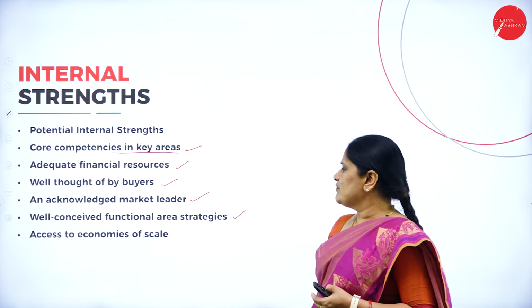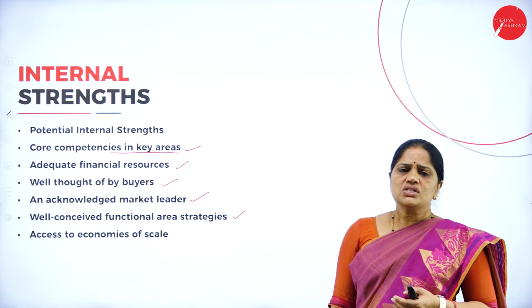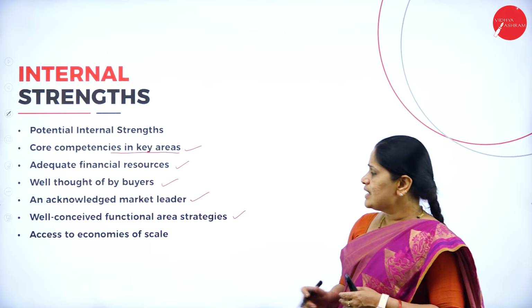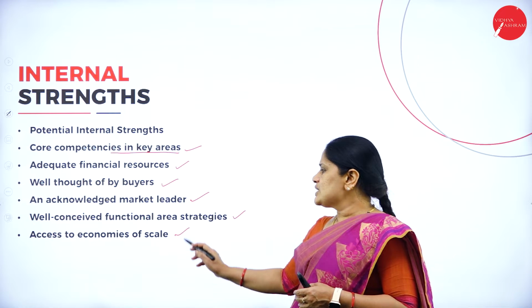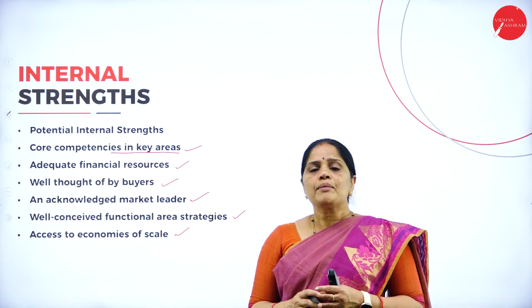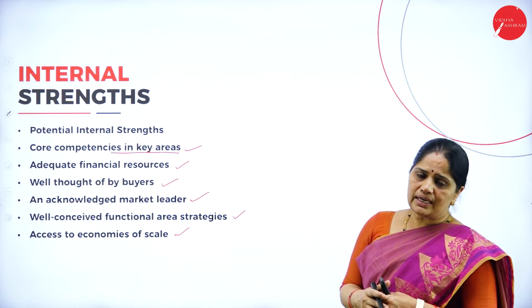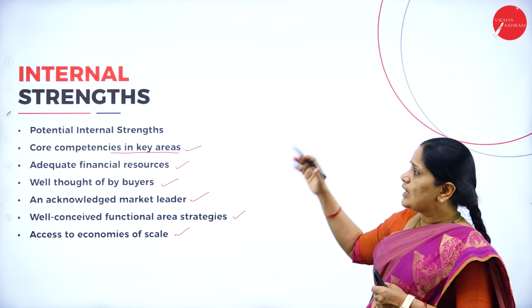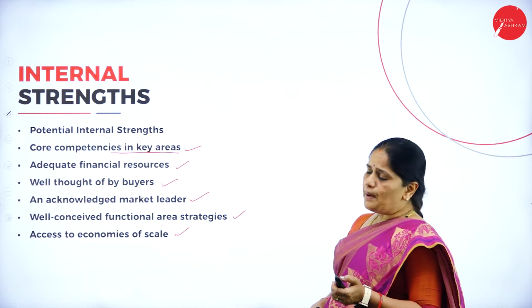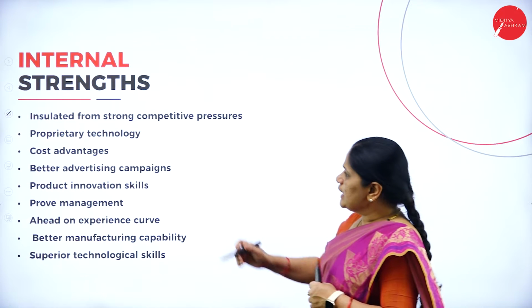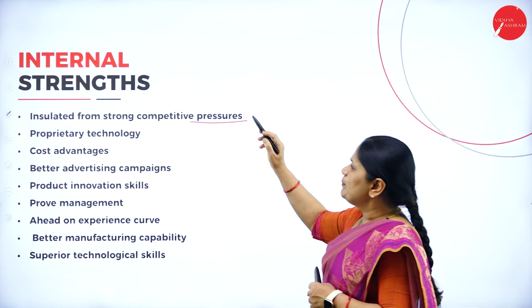Then well-conceived functional area strategies. They have very good strategies for the functioning of the business. Then lastly, access to economies of scale. They have large scale operations, because of which they enjoy the benefits of economies of scale. These are all the internal strengths of the business. Now, the next one is insulated from competitive pressures.